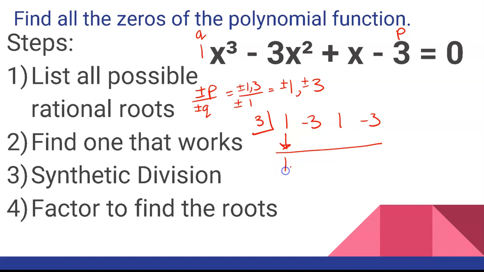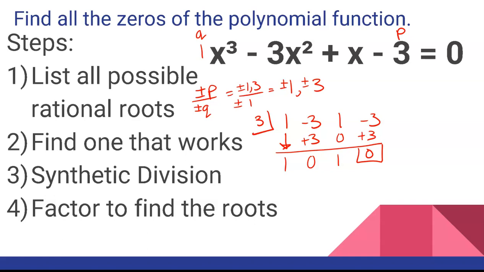Drop down the first number, set it up for its free throws. Bounce the basketball. 3 times 1 is positive 3. Now 3 times 0 is 0. 3 times 1 is positive 3, which gives us 0. So that just proved that it is a root.